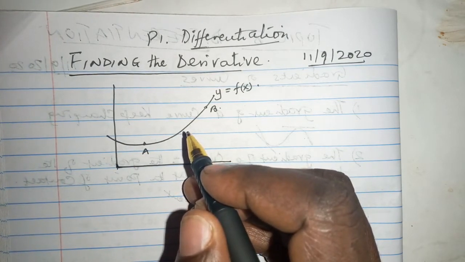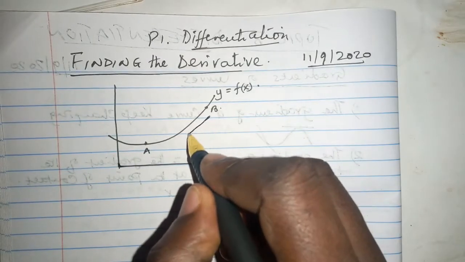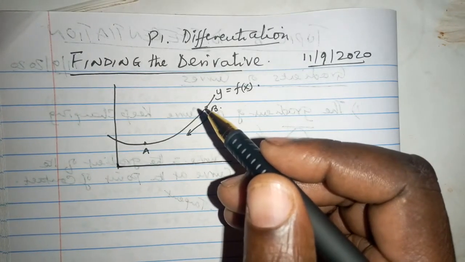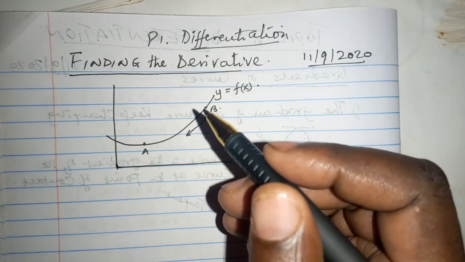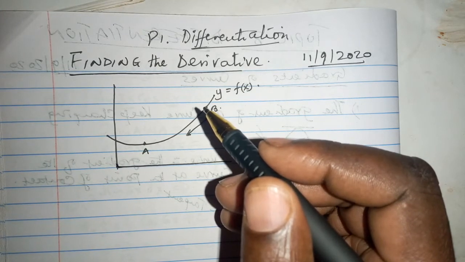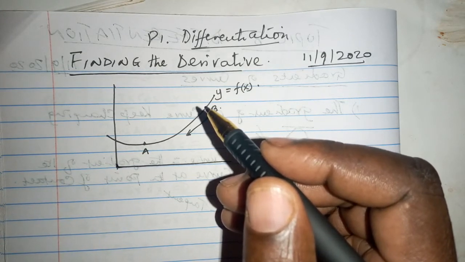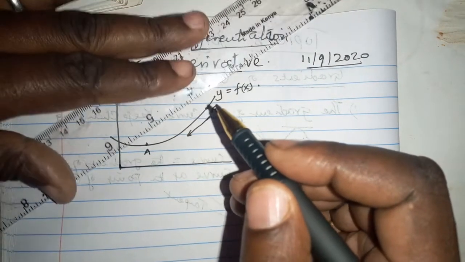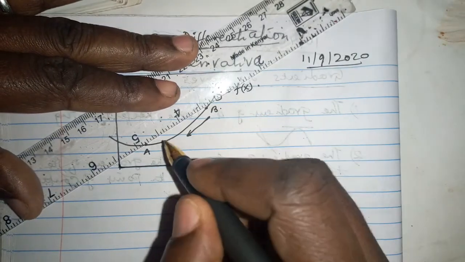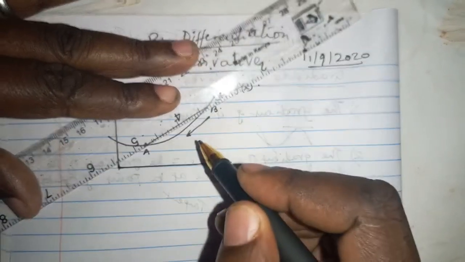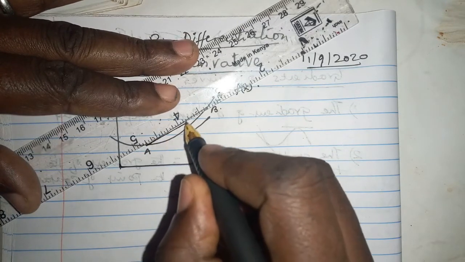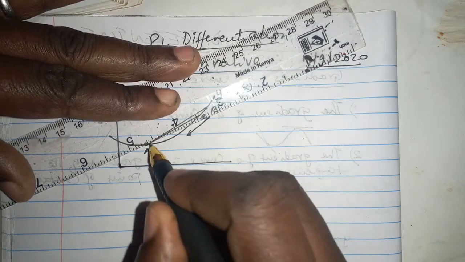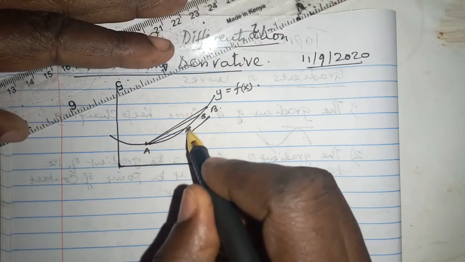As B moves closer to A, what happens? The gradient of chord AB, as B moves closer to A, and B can be there, we can also have B there.